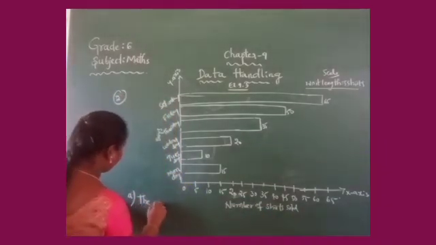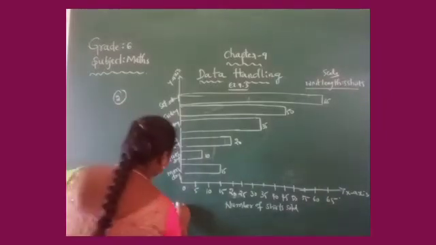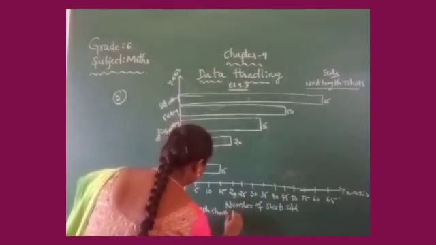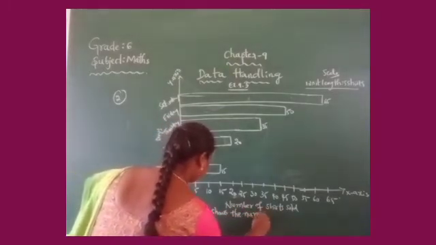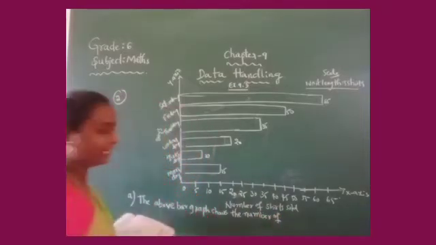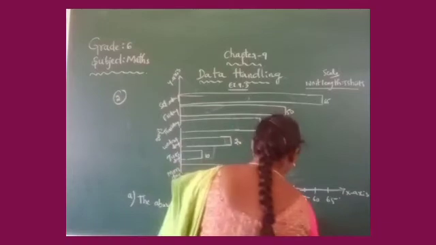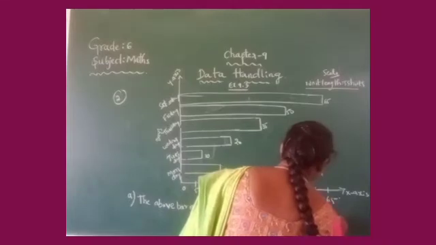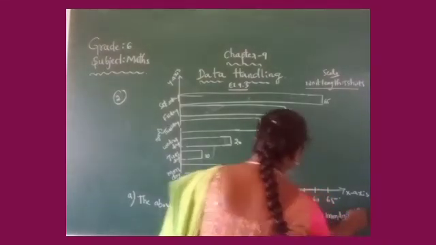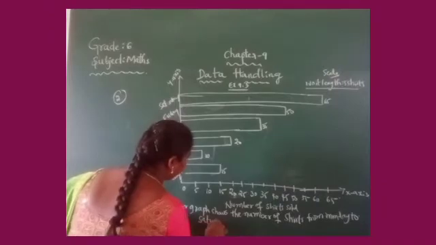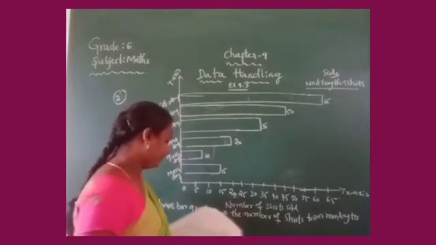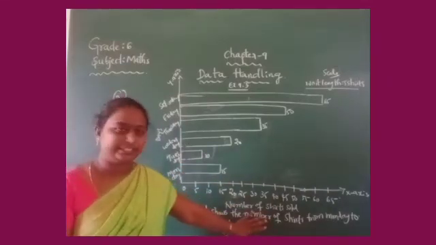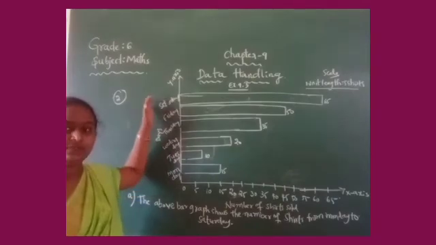The above bar graph shows the number of shirts from Monday to Saturday. So this bar graph shows the information about shirts from Monday to Saturday.